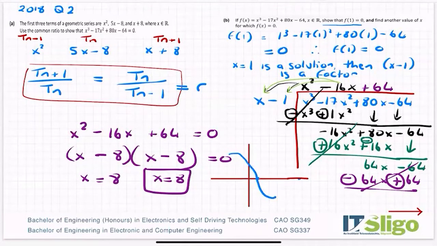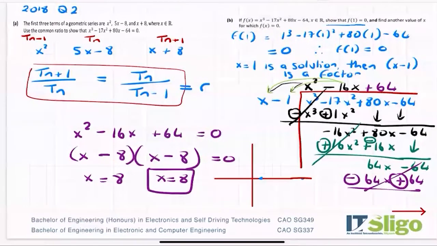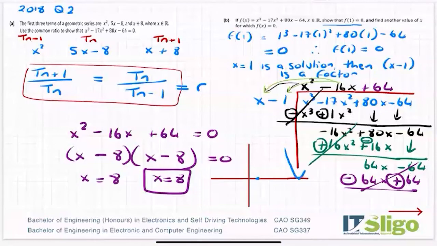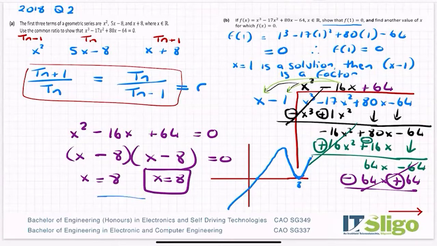Let me do it a different way. So it's going to turn out there. It's where that part of it just sits there at 8, and that's what equal roots would look like when the curve sits on top of 8. And then that's the one where it cuts through it. Of course it could be a mirror image of that, but something like that, that's what I'm getting. So x is equal to 8 is the answer to that part B.